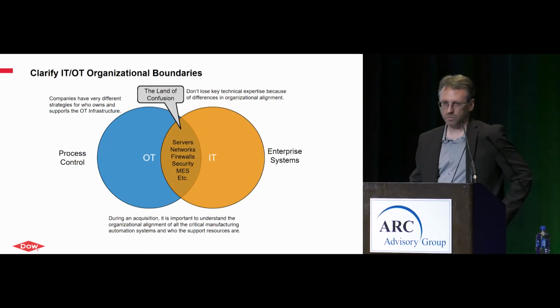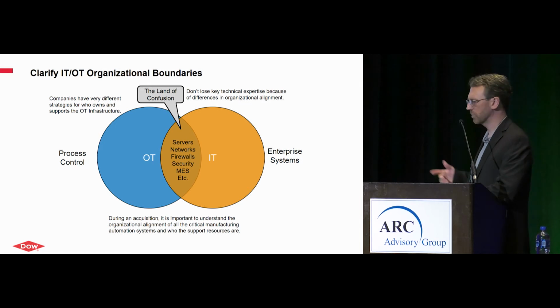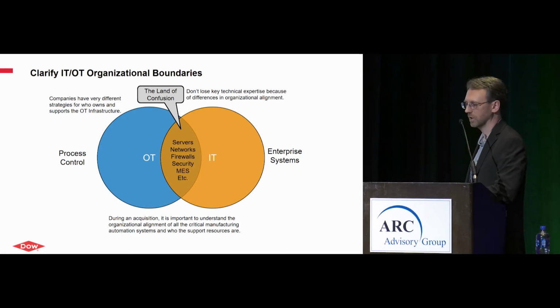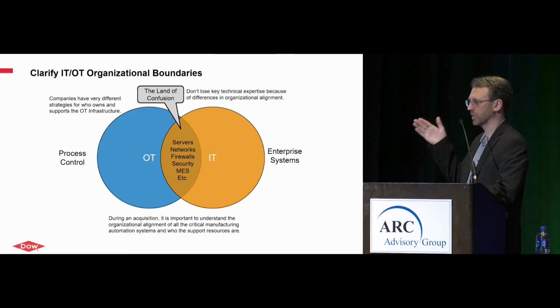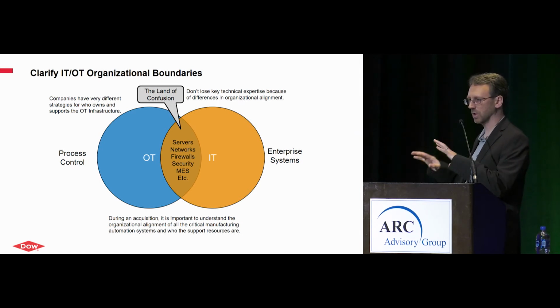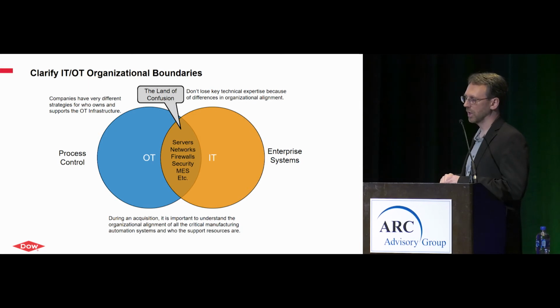And then the last one is the organizational piece, and this has been touched on a number of times, and Gary did a good job of talking to some of the interesting complexities here, but no two companies seem to have the same way of dividing up responsibility between IT and OT. Dow also has separate IT and manufacturing IT organizations, and so this was an interesting challenge with Dow Corning as well.